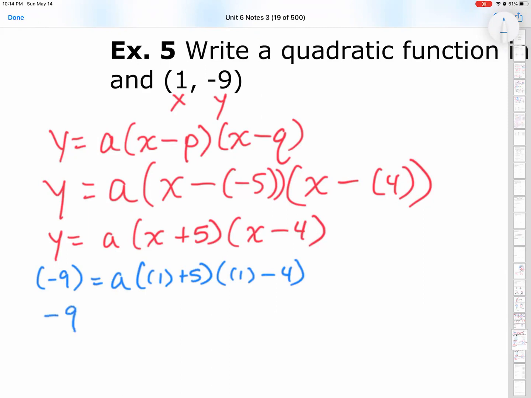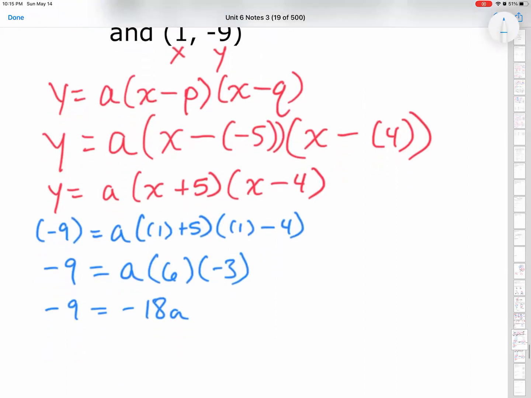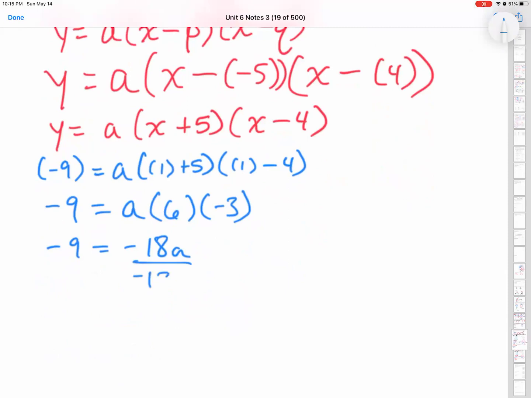So we have -9 equals a times 6 times -3. So -9 equals -18a. And then we go ahead and divide this -18 on both sides. So it looks like a comes out to be equal to 1/2.